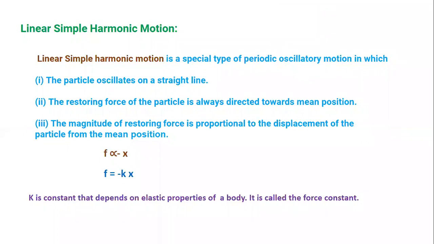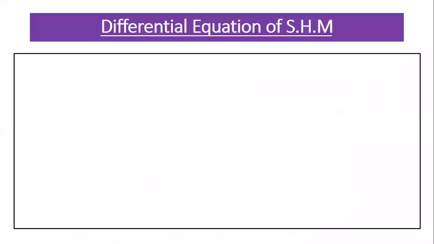I hope you understood simple harmonic motion, because in this chapter we repeatedly use the term simple harmonic motion, so you must know it. Here the negative sign means that force and displacement are oppositely directed, which we also discussed. Now we have to learn a very important article: the differential equation of SHM.